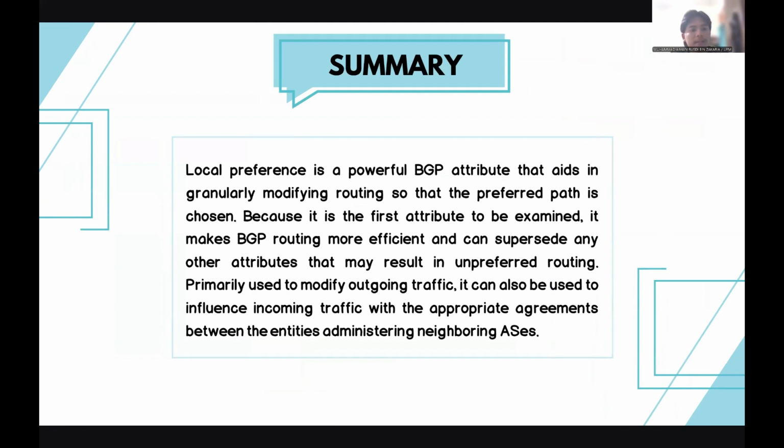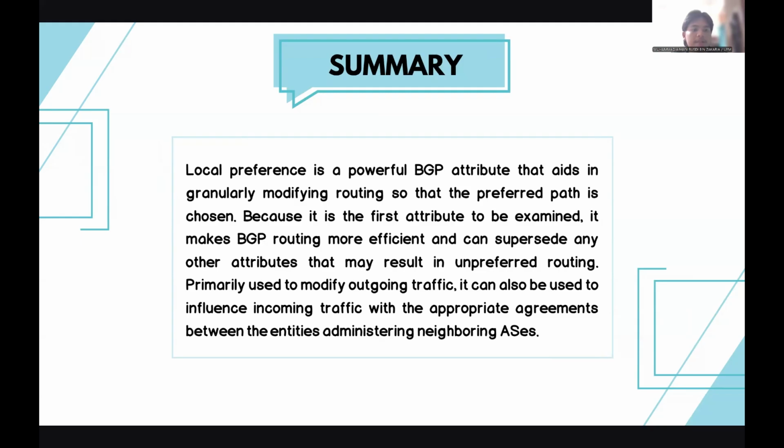Okay, I think that's all on local preference that I found in the research. To summarize, local preference is a powerful BGP attribute that aids in granularly modifying routing so that the preferred path is chosen.